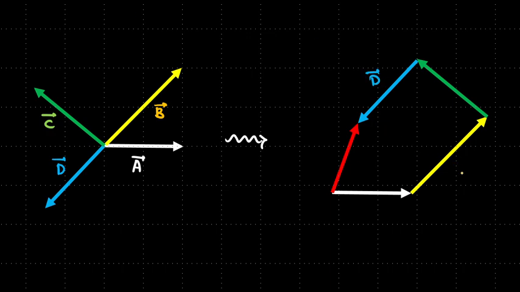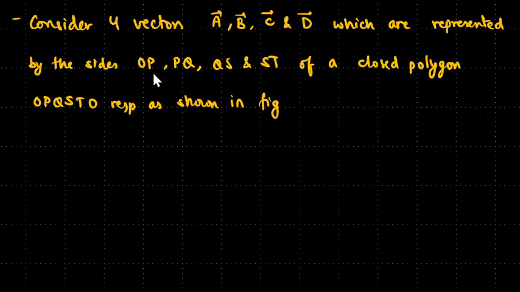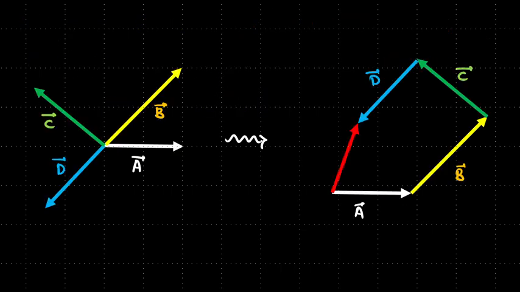So let's write the same vectors: this is B, this is A, and this is C. We also have to label the pentagon. It is OPQST, so OPQSTO. I think this is the polygon that we were talking about.